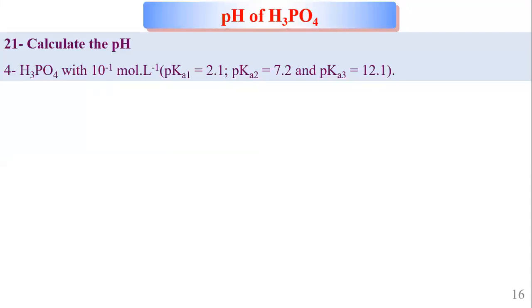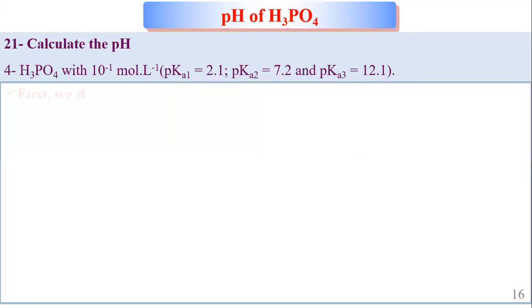No. That should always be in your brain that this is a triprotic, so it can do 3 equations. The first step you should ask yourself is, see if Ka1 is greater than 100 Ka2. If that's the case, look what can happen. Let's see, is Ka1 greater than 100 Ka2? Well, that's easy. Ka1 is 10 to the minus 2.1.